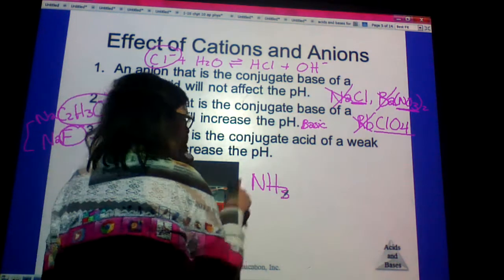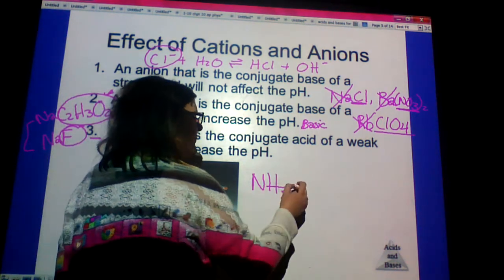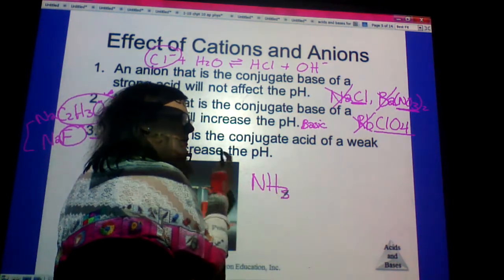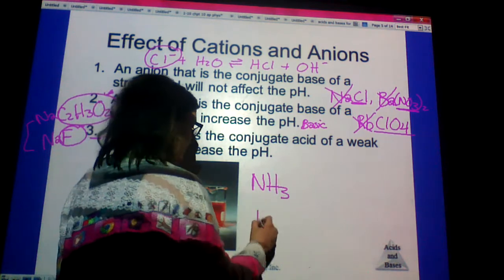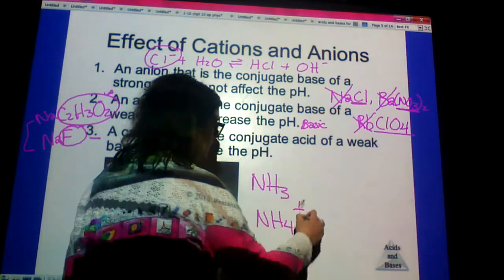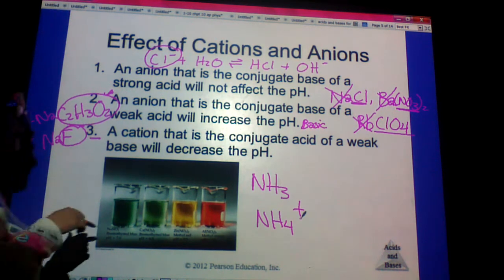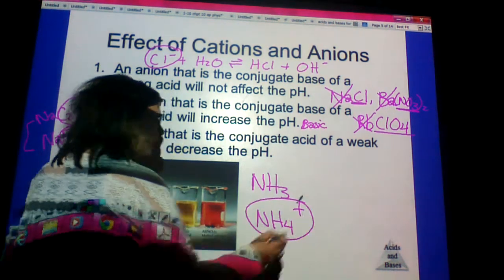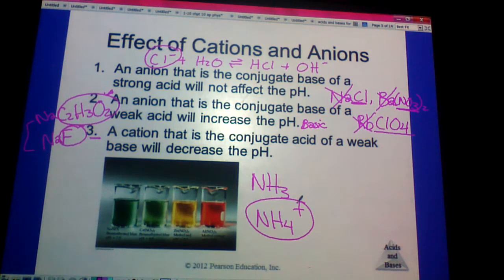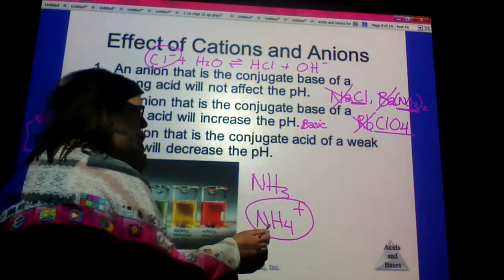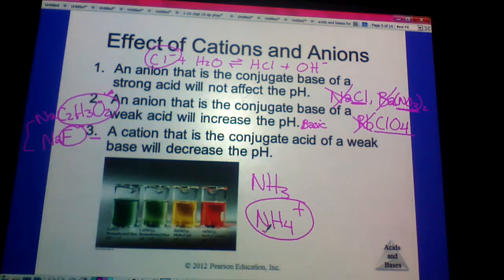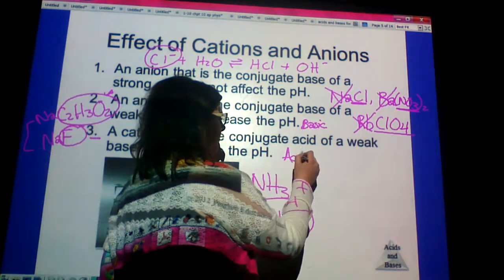So I know that ammonia is a weak base, and I know that the conjugate acid of NH3 is NH4+. So this is a cation, and that's my conjugate acid, and that's a cation of a weak base. So because this is present, I know it's going to decrease the pH, thus making the solution more acidic.